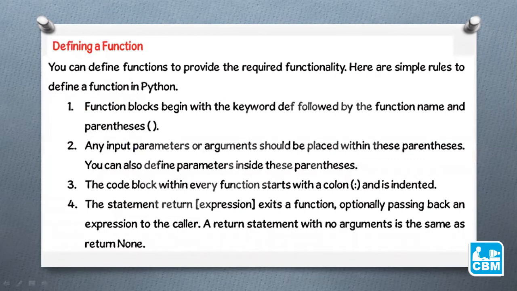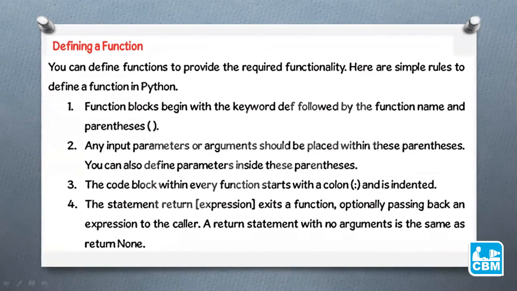There are certain rules that need to be followed while defining a function. The function blocks begin with a keyword def and are followed by the function name and parentheses. Any input parameters or arguments should be written within the parentheses. The code block within the function starts with a colon and is always indented. If not done so, the code will give you an error.